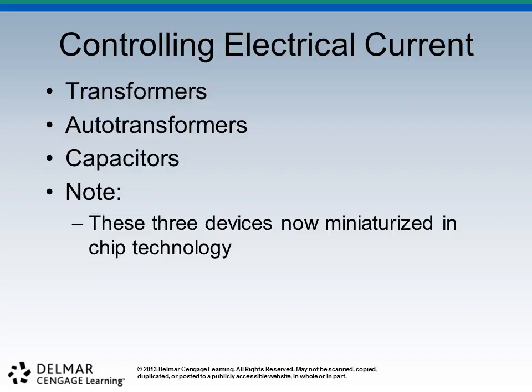And I explained to you why just a few minutes ago. So one of the things you need to have down in your mind is all transformers require AC current to operate, or some sort of moving parts.